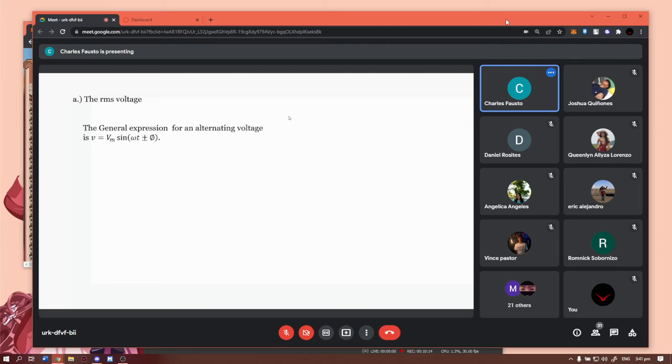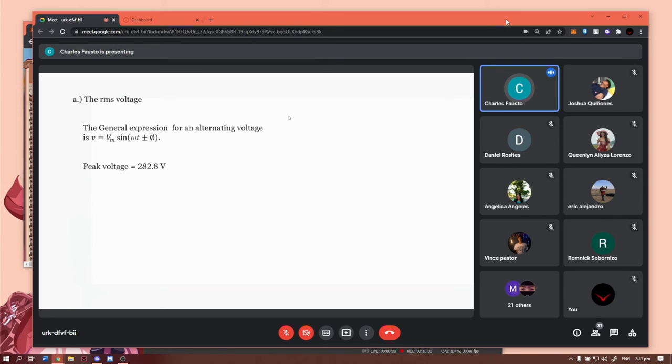No? So, paano ba natin kukunin yung RMS voltage? So, ano ba yung maximum value? Di ba? Equivalent siya sa peak voltage, yung pinaka peak niya, pinakamataas niya na reach, no? So, ano ba yung formula ng RMS voltage pagkuha?